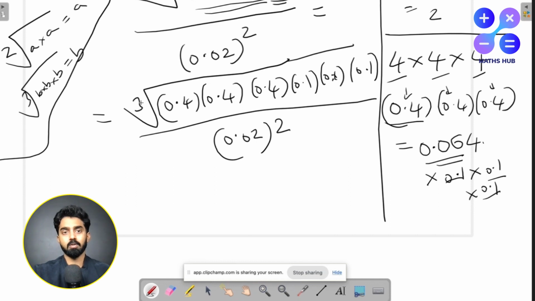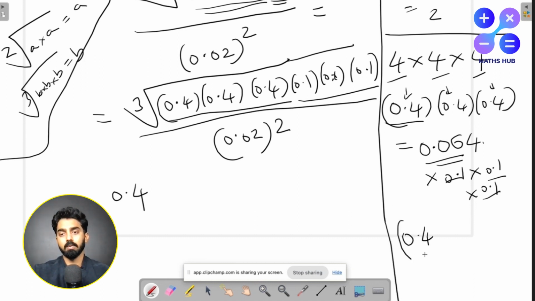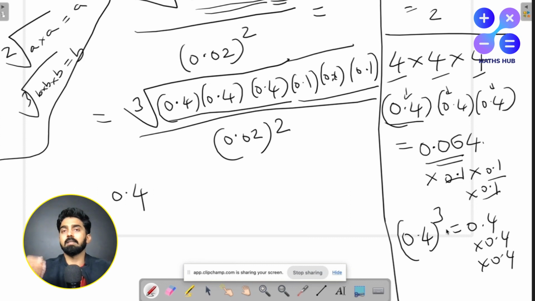So when you have an exponent over multiple numbers, you know that you can distribute it out into multiple numbers, right? So when you have a cube root of 0.4 times 0.4 times 0.4 and 0.1 times 0.1 times 0.1, you know that cube root of this is nothing but 0.4. Because 0.4 cube is 0.4 times 0.4 times 0.4, correct? Cube is basically multiplying the same number 3 times.